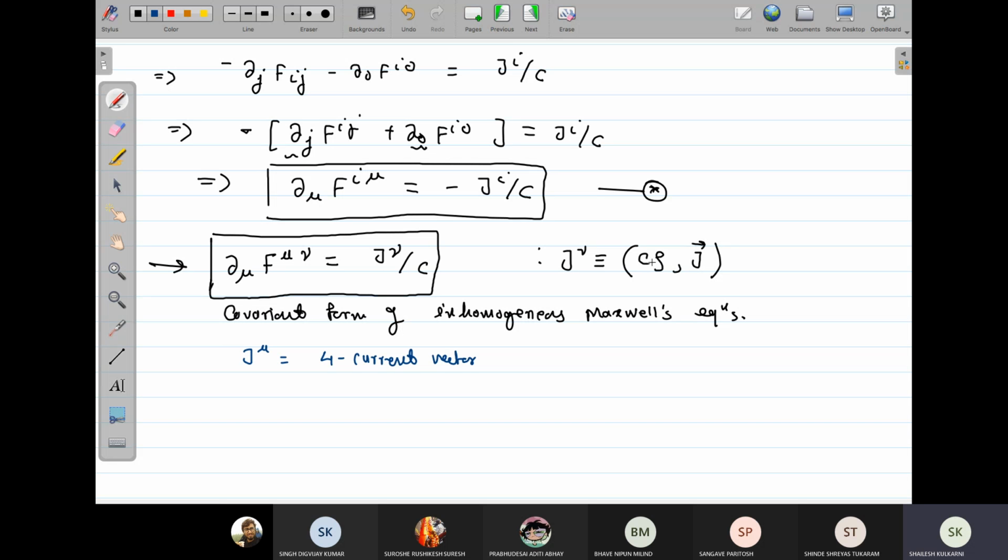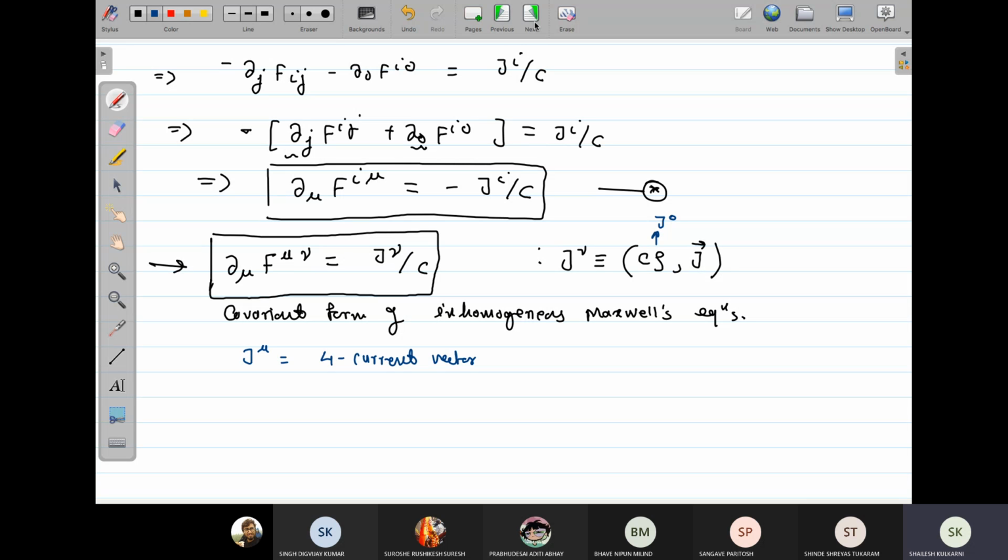This is your charge density, multiplied by c. So rho is the charge density, and c rho is J0. These are the inhomogeneous Maxwell's equations, or Maxwell's equations containing source terms.